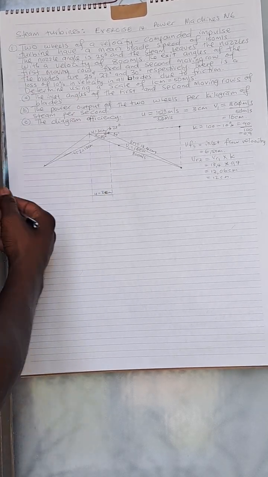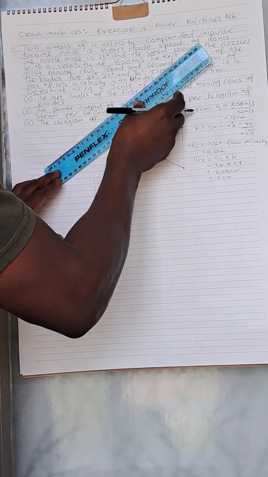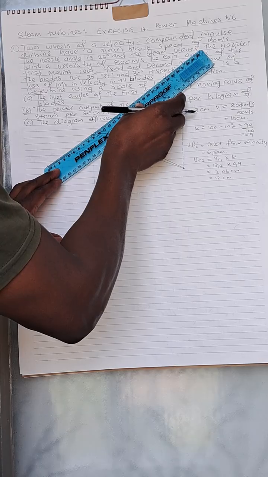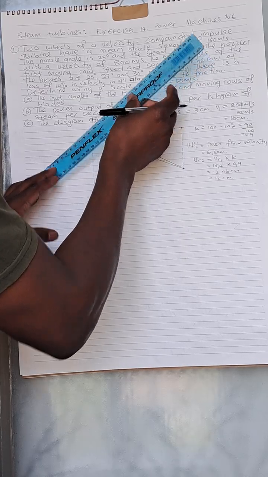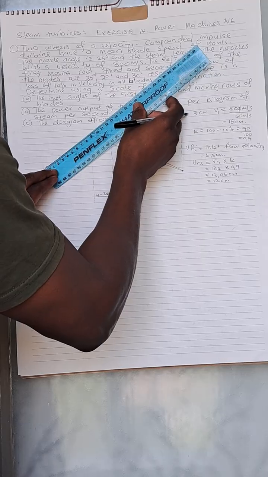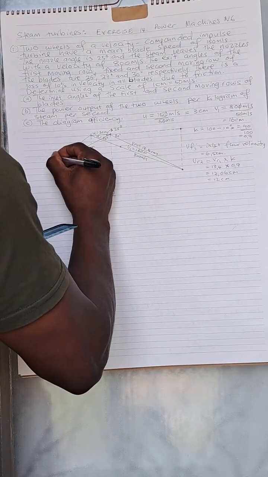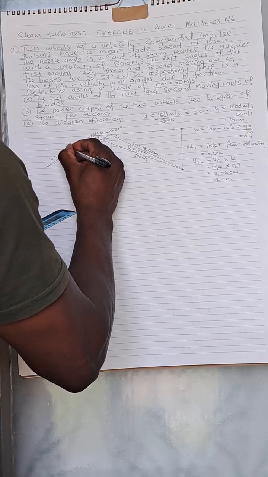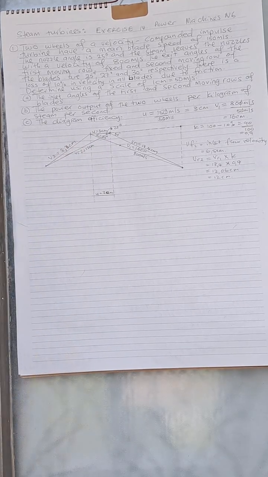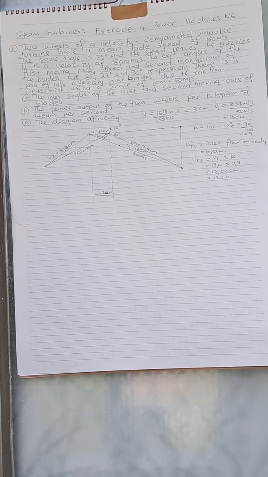After that, we can now measure our line. How many centimeters does it measure? I see it measures something like 5, 6, 7. Let me check once again. It measures something like 8.3. So we have V2 equals 8.3 centimeters. So you can see now that our upper part is almost complete.